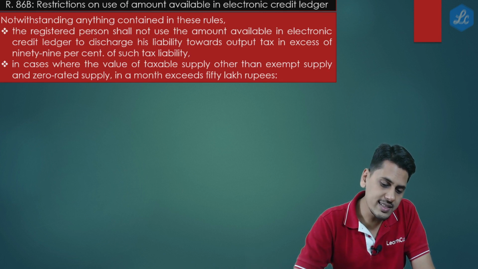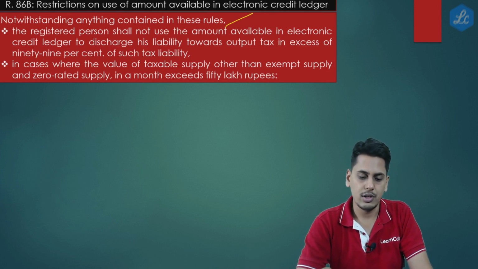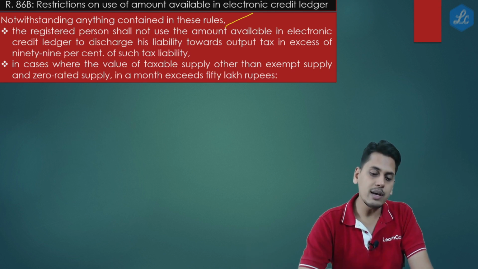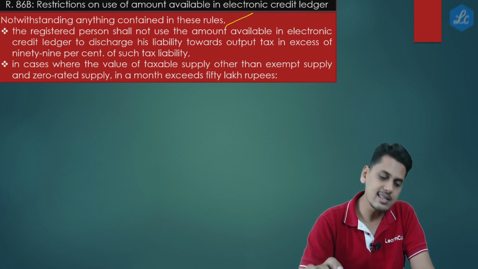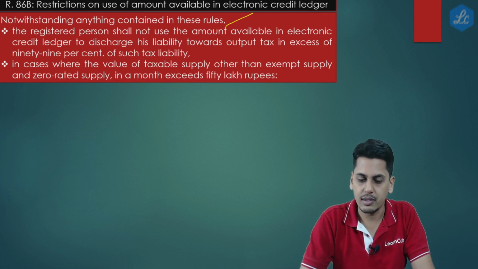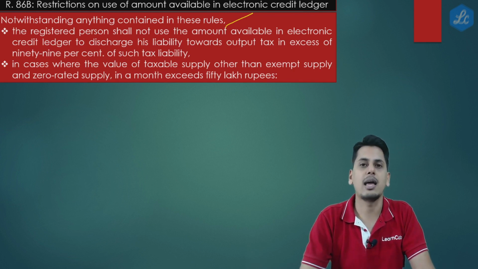86B. Notwithstanding anything contained in these rules, the registered person shall not use the amount available in the electronic credit ledger to discharge his liability towards output tax in excess of 99% of such tax liability.